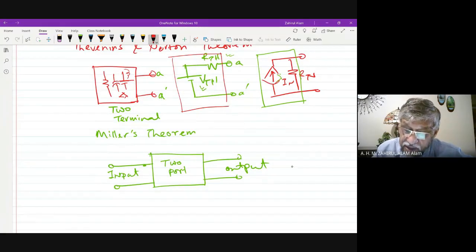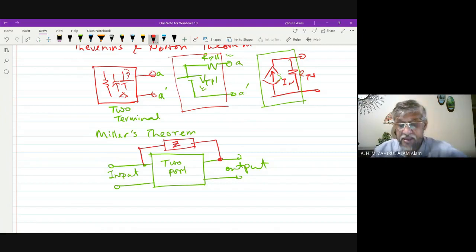If there is another impedance or resistance, capacitance, or a combination of those, connecting the output to the input, then the output current is divided here and there, and also the input current is divided here and there.